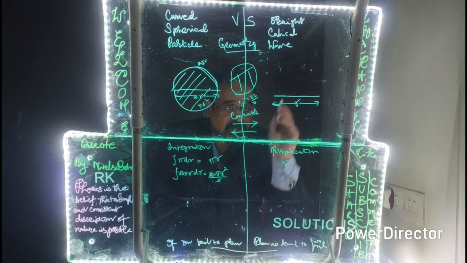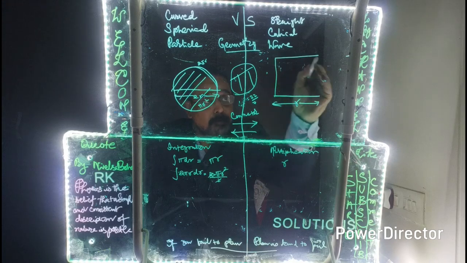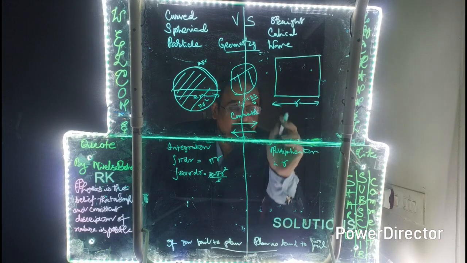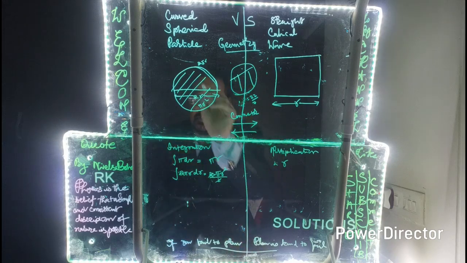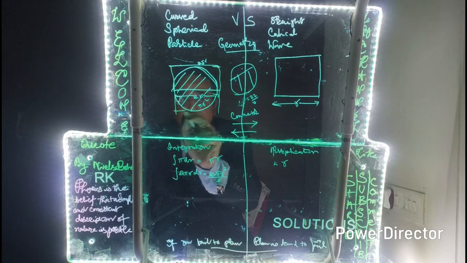Here we have line segments. We take a square around this circle.